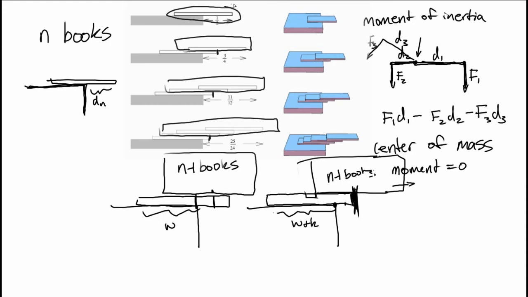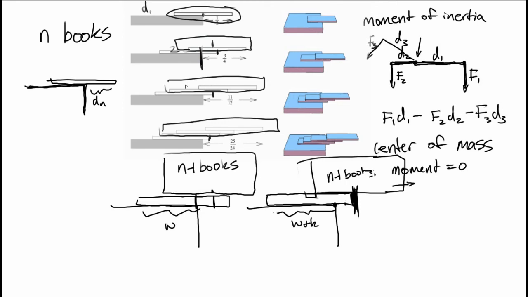This means that when you have case 1, D1, we can place that configuration over the edge of here. When we add another book, let's say this is book 1, we can slip another book under book 1 and make book 1's center of mass over book 2's edge and shift the book so that the center of mass is over the edge.